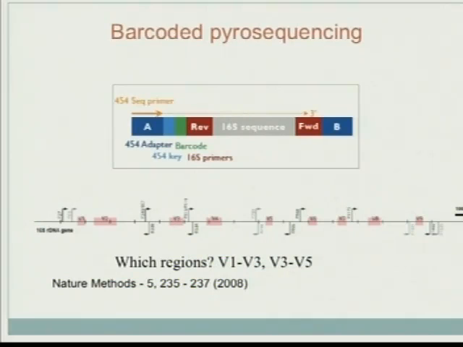Usually people design primers like this one and this one, so that you get fragments that cover hypervariable region 1 and 2, or 1, 2, 3, and send those amplicons to the sequencing centers. The sequencing centers will give you reads of about 400 base pairs. Hopefully that will cover some of those hypervariable regions, but definitely not the entire length.